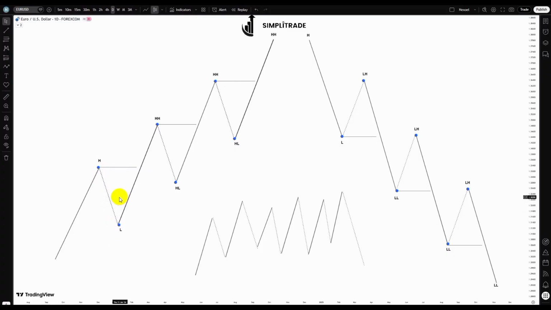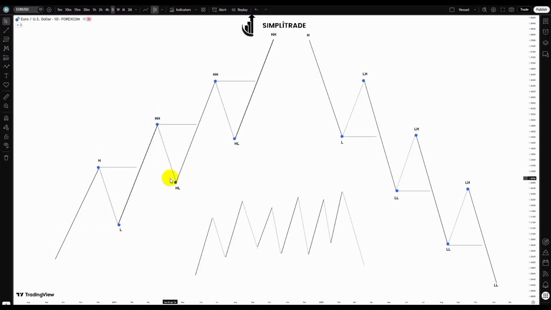The impulsive or expansive leg is the movement in the direction of the market. If the market is bullish, when the movement is upward, that is the expansive leg. When the movement is against the upward direction, that is the pullback movement. So we have the impulse, and we have the pullback.